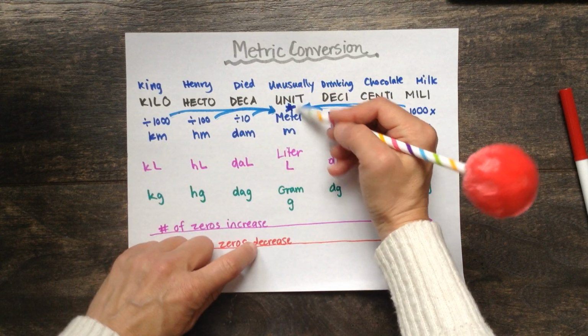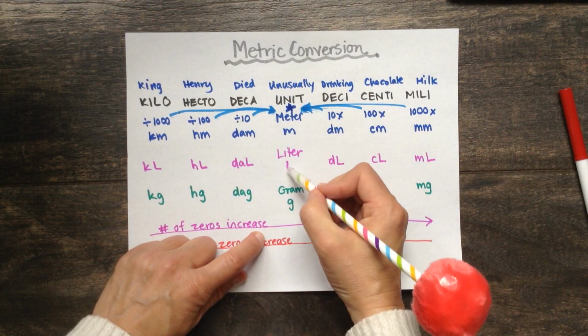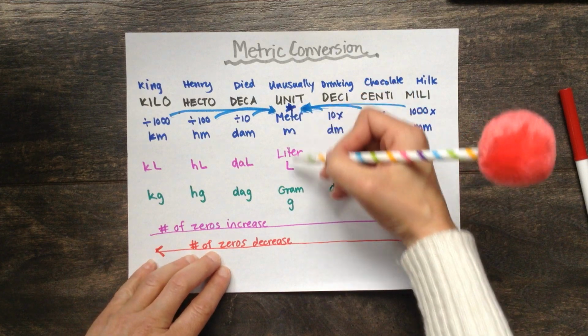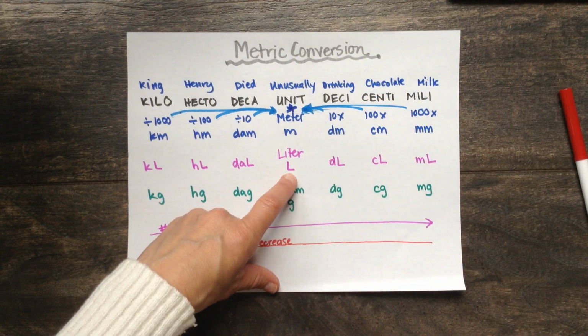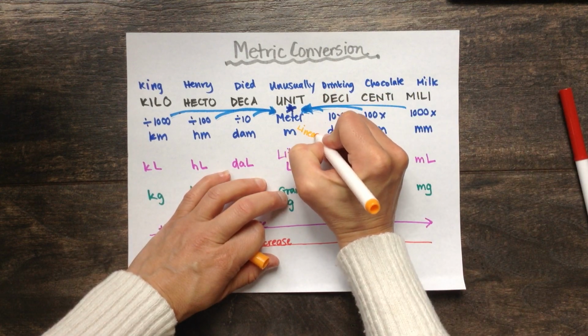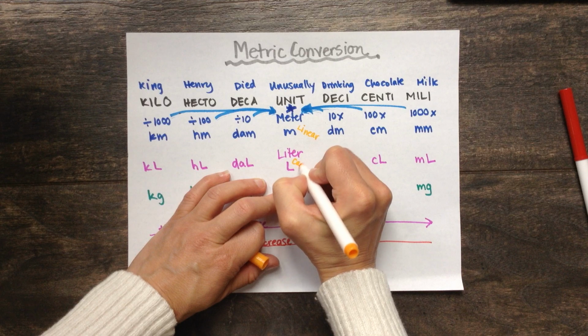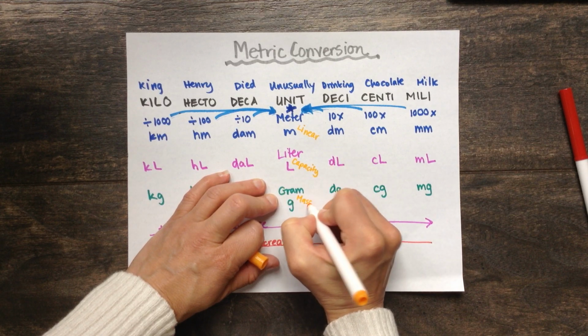Now, the same concepts, the same conversions, go if my unit is different. If my unit is liter, so this would be a measurement of capacity. This is linear measurement, this is capacity, and this is mass or weight, okay?